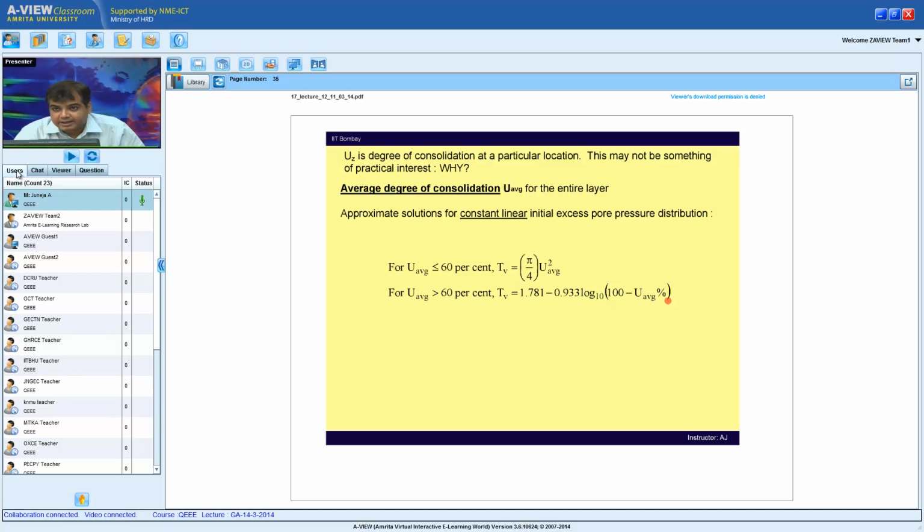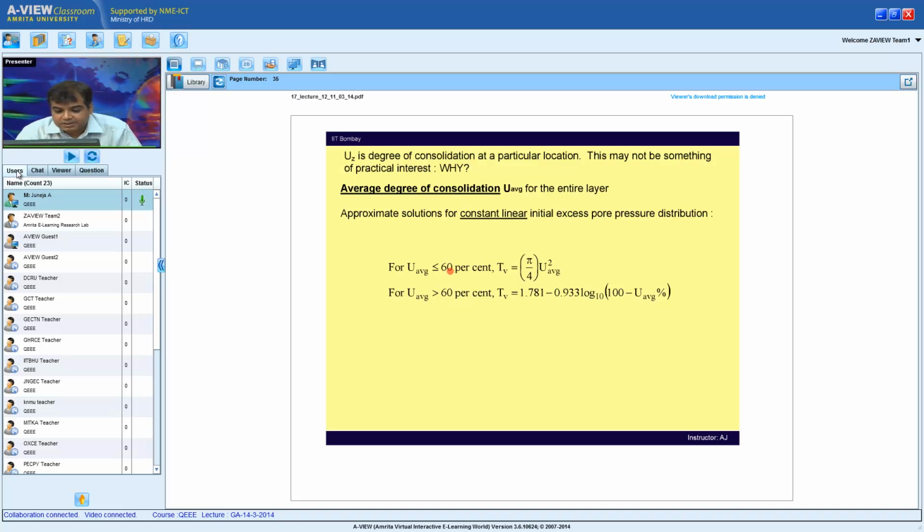So in the second equation, I have taken U average as percent, but just to understand that you can also have a ratio, the first equation is in ratio, but there is nothing which stops you from taking it as percent. I just need to divide this by 100 before taking the whole square.